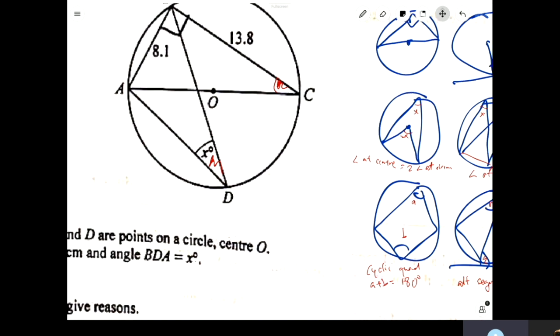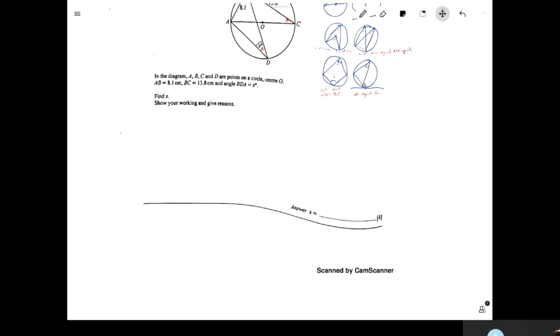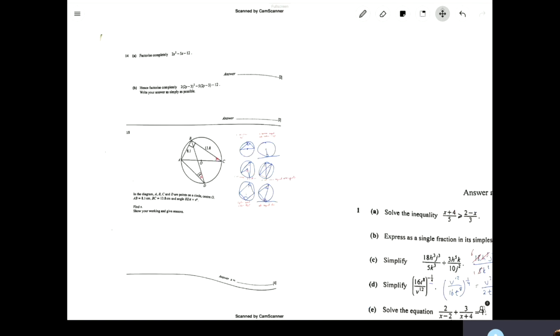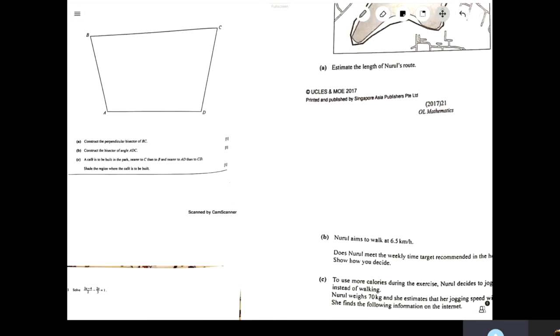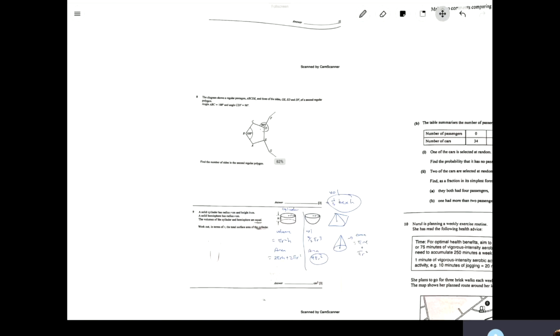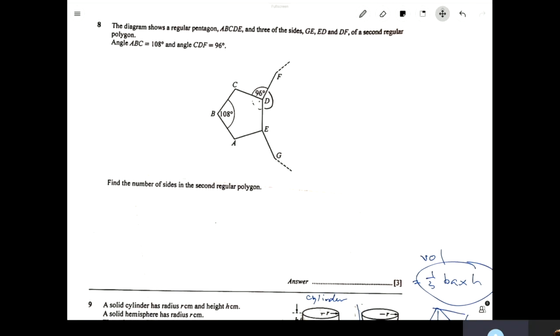What's next? Angles, triangles, and polygons. Polygon was not tested also. Wow, what did they test? Polygon: there are two formulas.